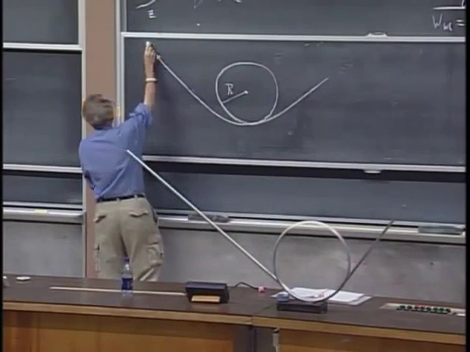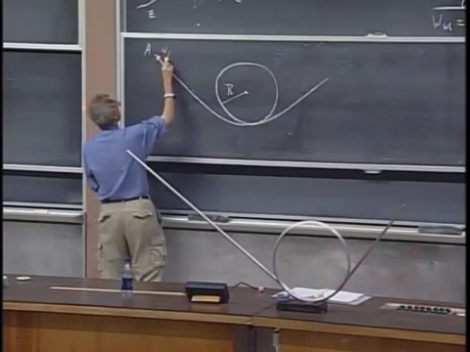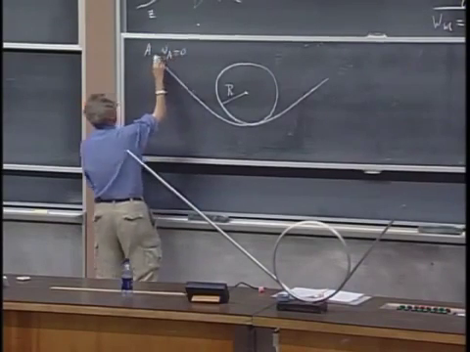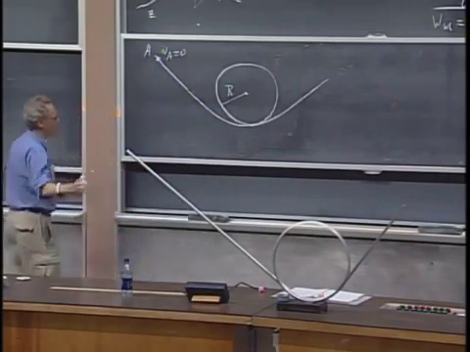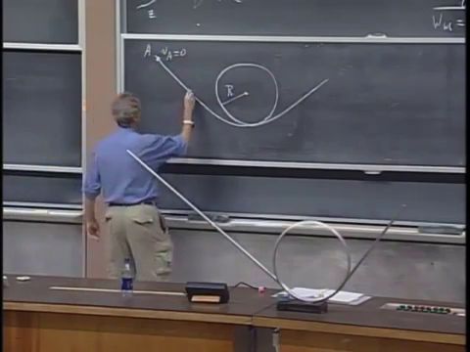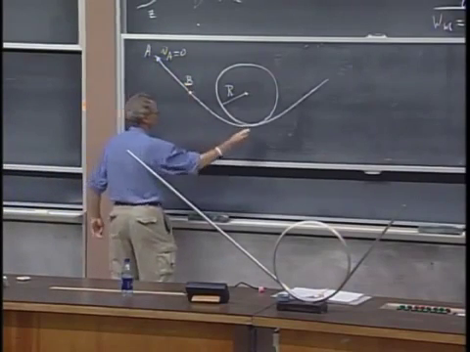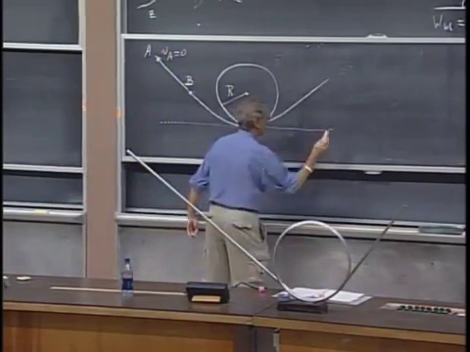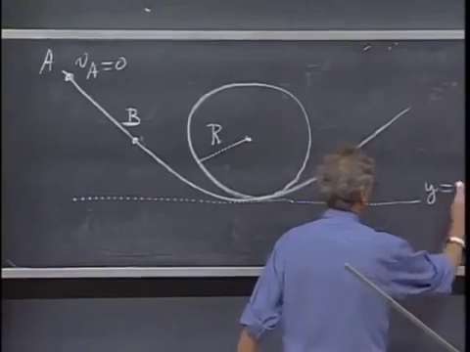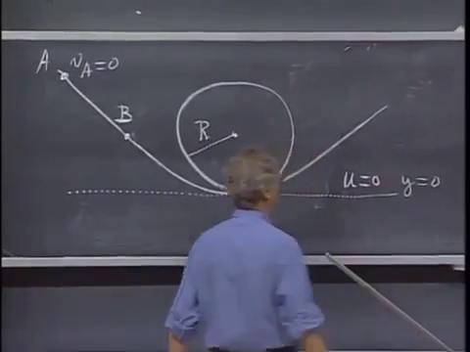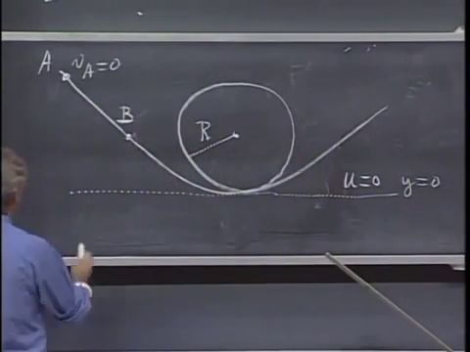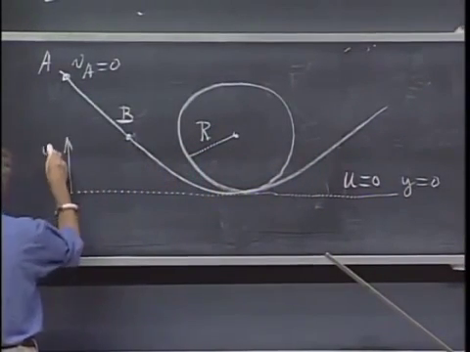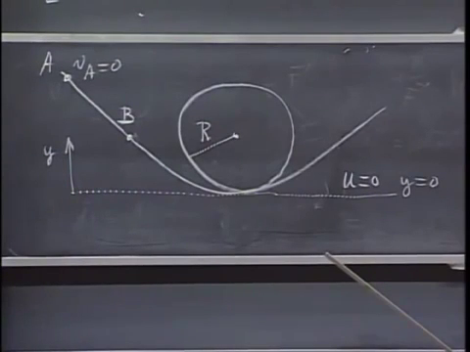This point be A. I release it with 0 speed. I assume that there is no friction for now. This point be B. And I define here y equals 0, or what is even more important, I define that u equals 0. And this is the positive direction of y.